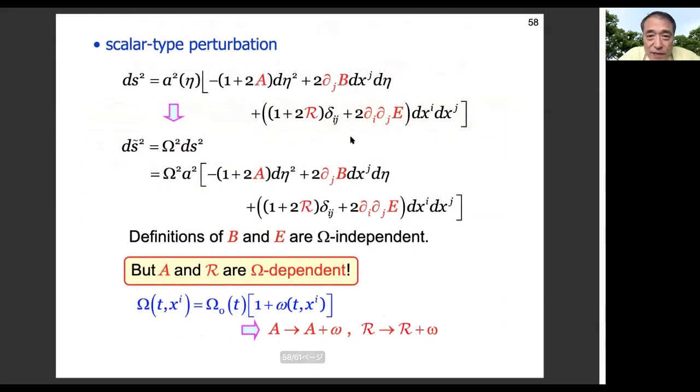As for the scalar perturbation, it's not exactly the case. If you write the scalar perturbations in the conformal time space-time form, you have the lapse function, shift vector, and the curvature perturbation plus some anisotropic component of the spatial metric.